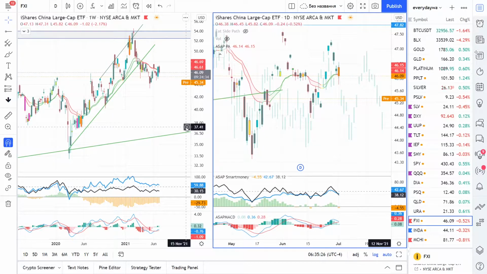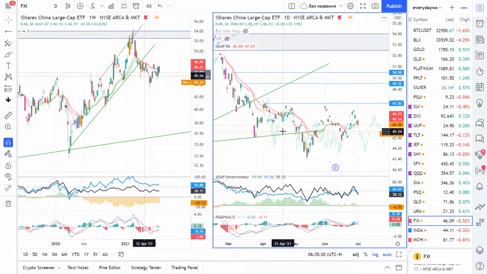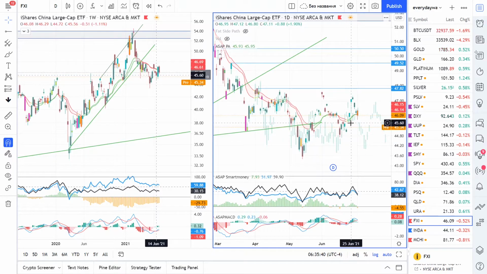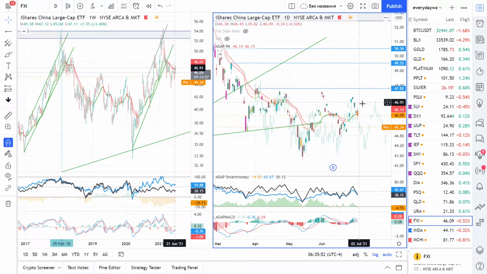What is worth mentioning is that the Chinese FXY setup, which I outlined in one of my previous videos, is still valid. Just look at how we replicate the price action from the previous test of the resistance in 2018.